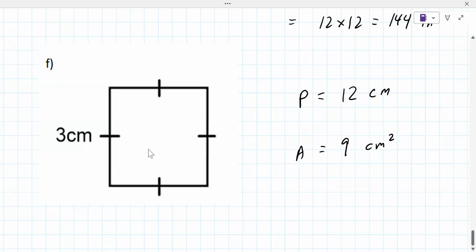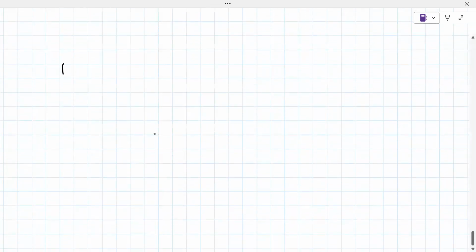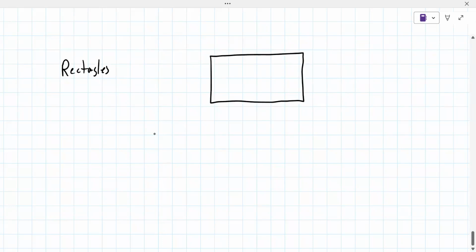Not that difficult. Let's talk about rectangles. Like you mentioned, the opposite sides are congruent. So I have to give you two of the sides. I have to tell you that this is 6 and this is 14, for example.